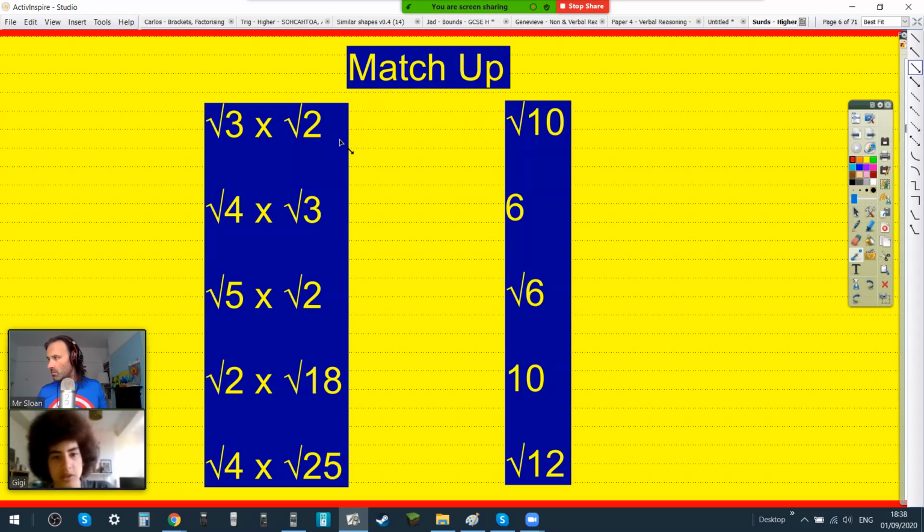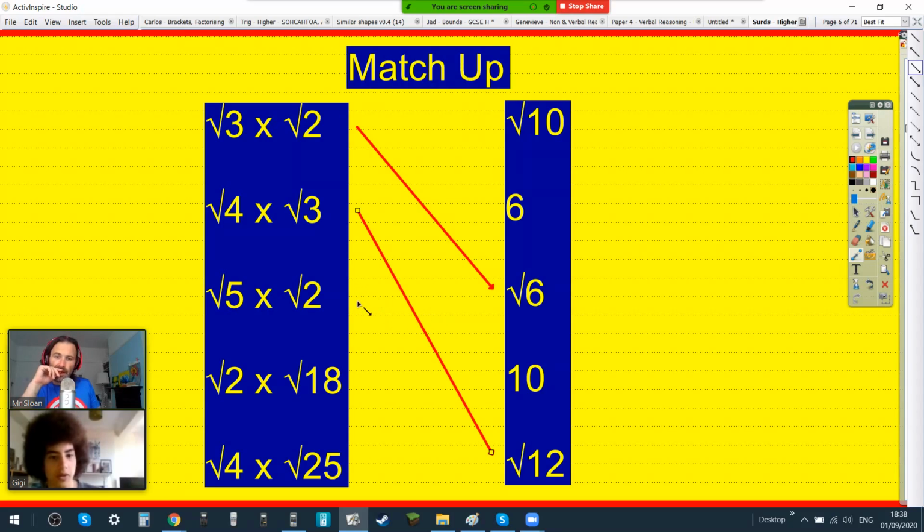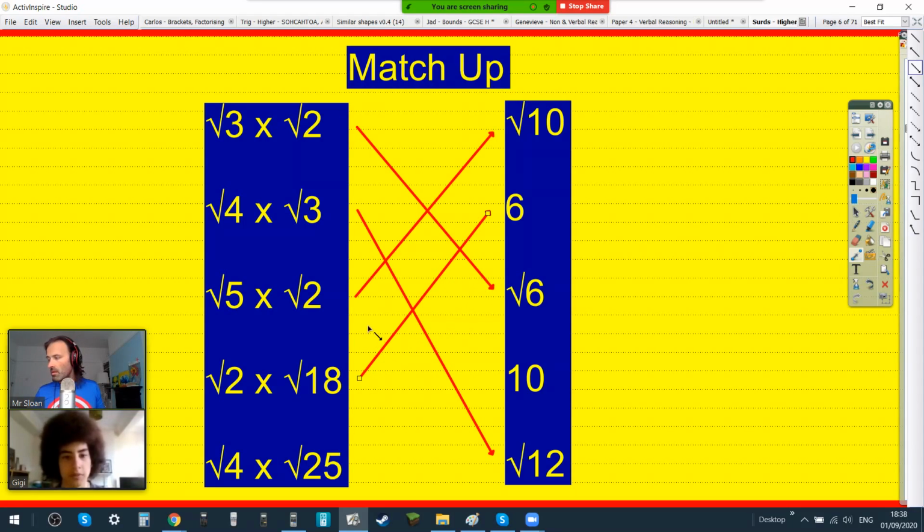Okay, match up. That one is square root of 6. The second one's square root of 12. That one's square root of 10. The next one's square root of 6. I mean, just 6. And the last one's 10. Yeah.